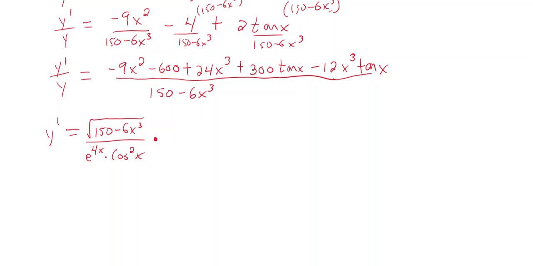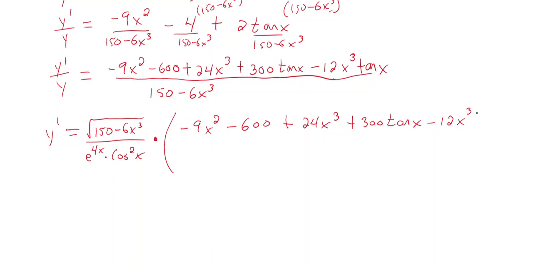So now we're just going to multiply that by everything else on this side. So that's multiplied by negative 9x squared minus 600 plus 24x cubed plus 300 tan x minus 12x cubed tan x, all over 150 minus 6x cubed.